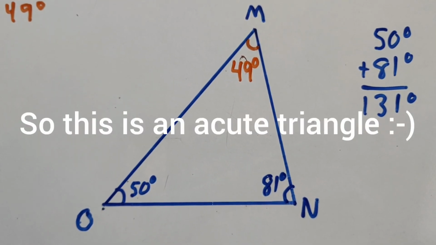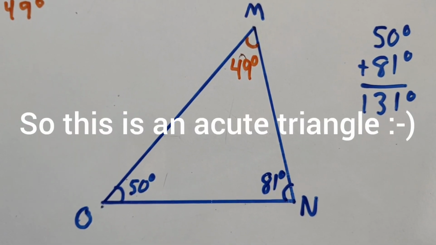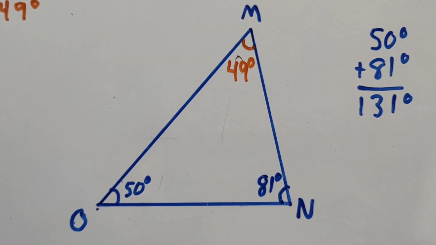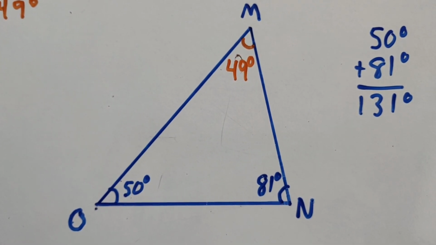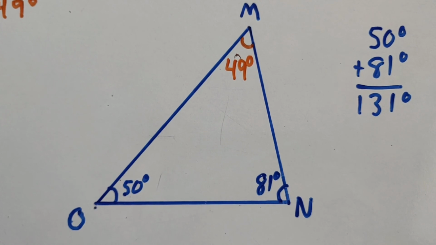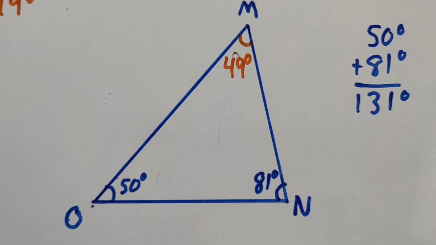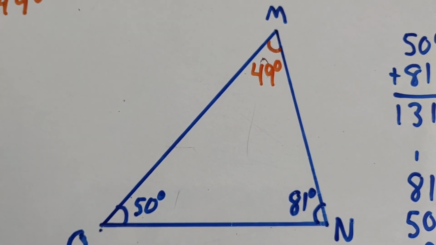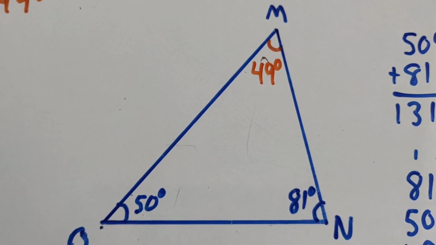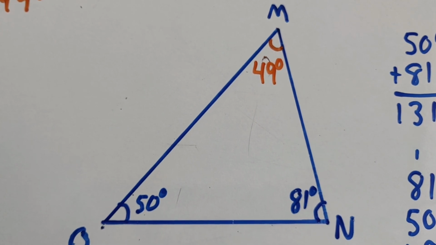And finally, we can check our work to see if we subtracted correctly by adding up all three angles to see if they add up to 180 degrees. So the values of the three angles that we have here in this triangle are 81 degrees, 50 degrees, and 49 degrees.